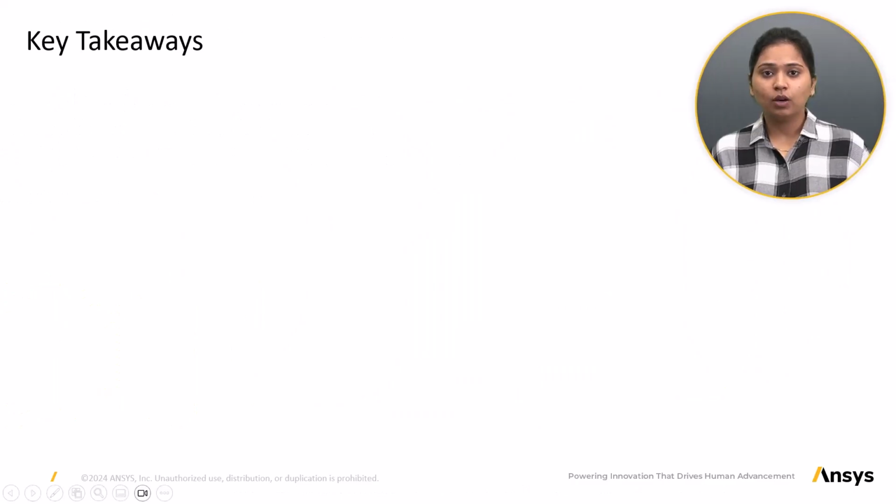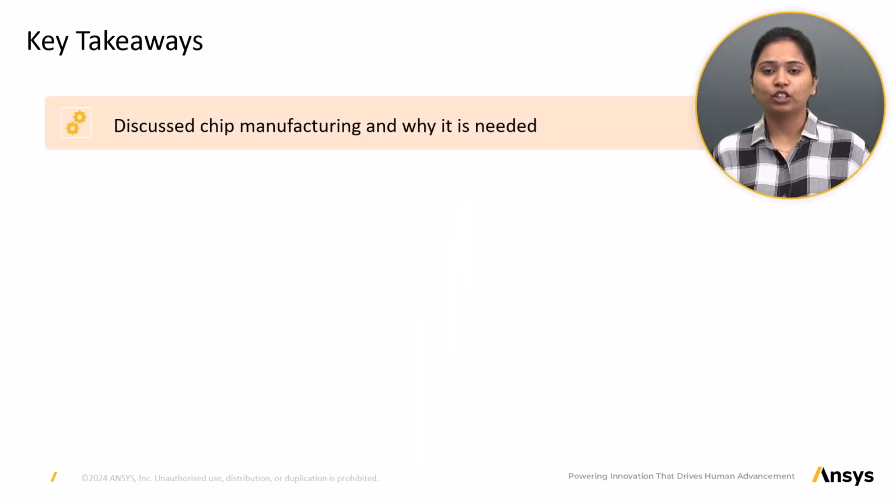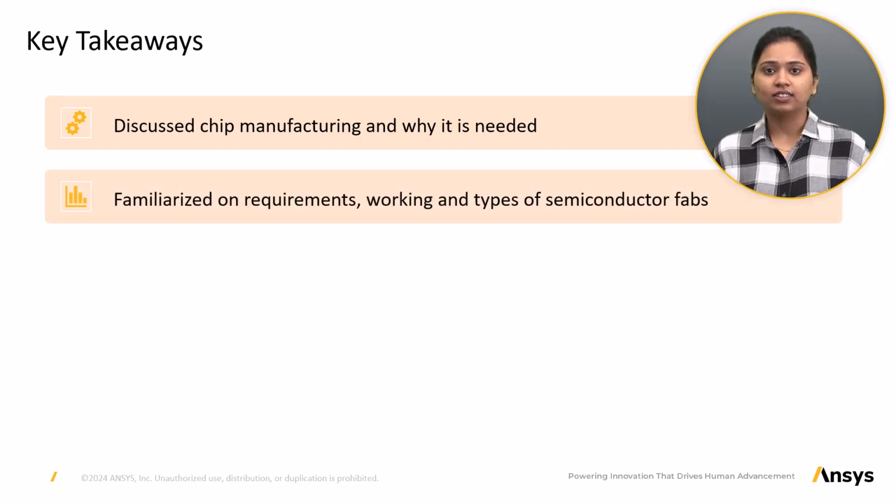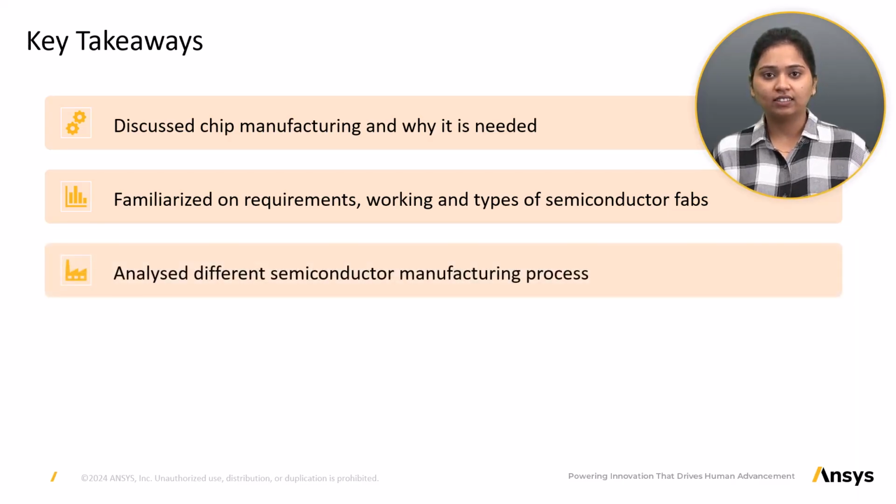To summarize, we discussed what chip manufacturing is, why it is needed, and why it needs to be continuously evolving. We familiarized ourselves with the major requirements for chip manufacturing as well as the workings and types of chip fabs that exist. We then analyzed the various chip manufacturing processes like diffusion, ion implantation, photolithography, masking, and etching.